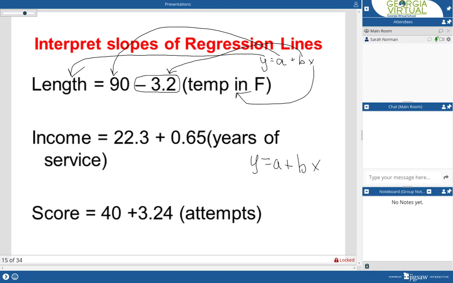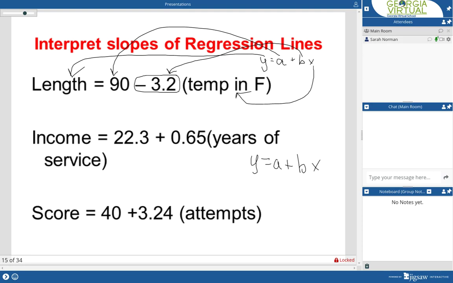A is the y-intercept, which is 22.3. B is 0.65. That's the slope. And then X is the years of service. And that would be our explanatory variable, just as the income would be the response variable.